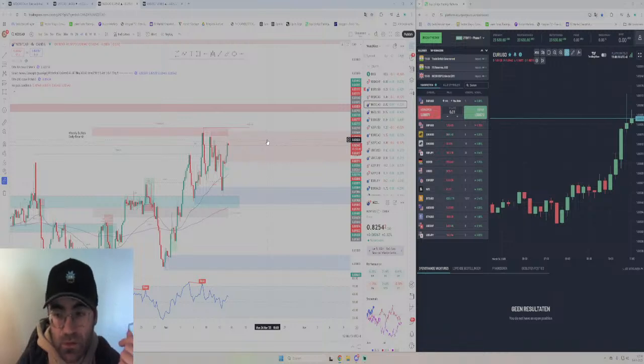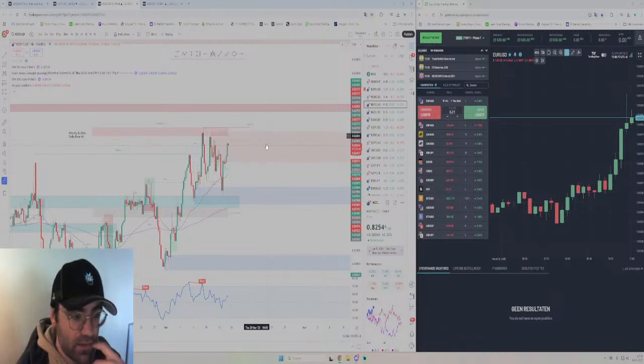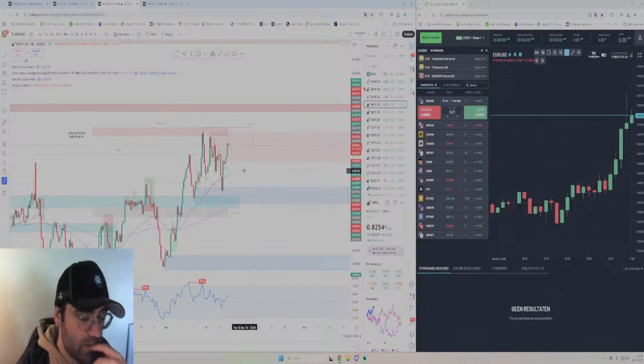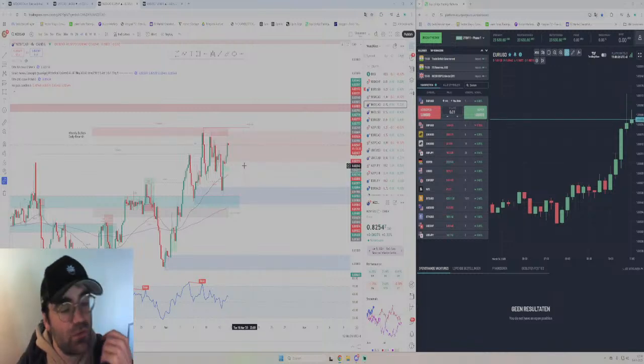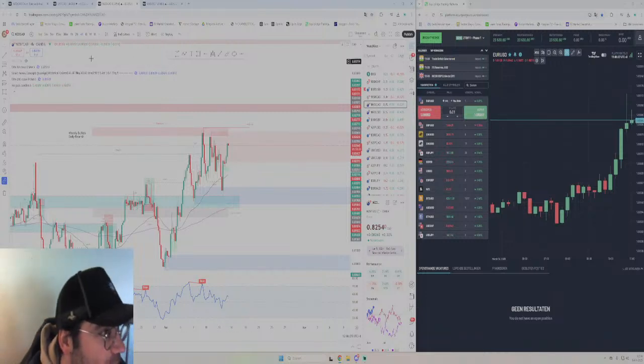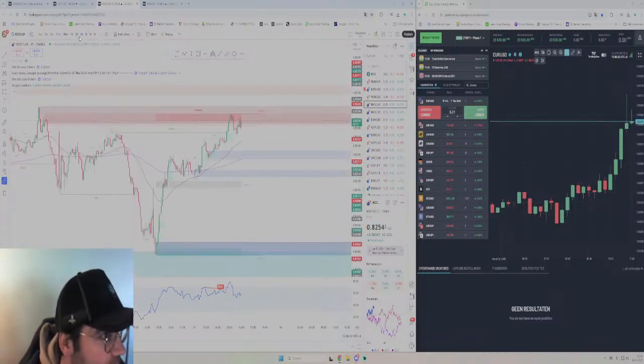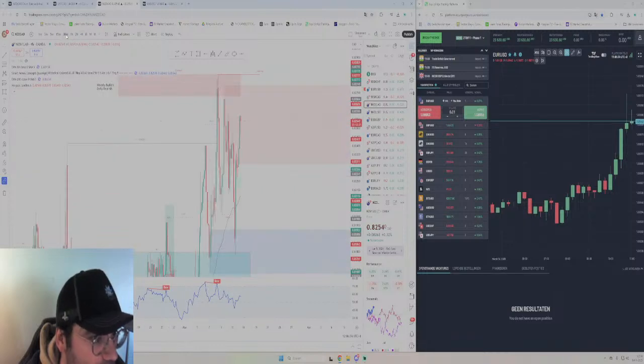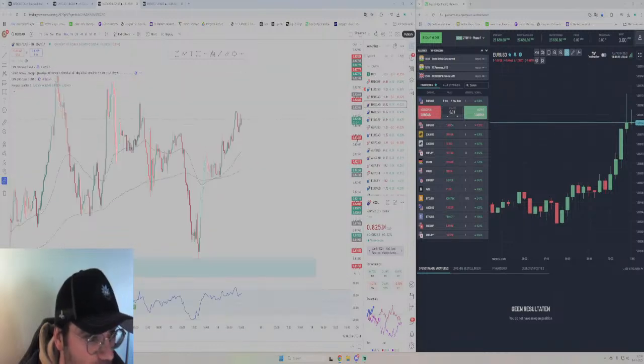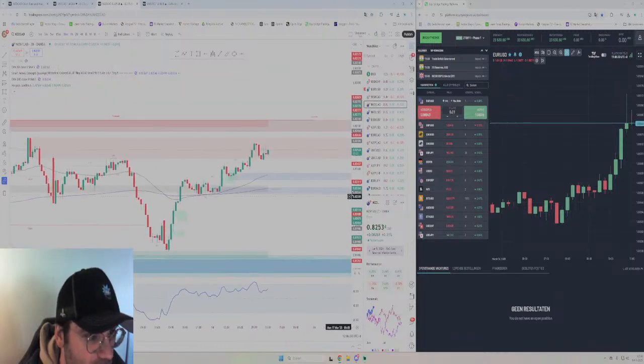So what I should be doing is only selling at these zones, areas of interest, and only buying at the demand zones. It's probably what I should be doing more. Is there something going on here? Because we're actually at a zone. I do like this. It's a rejection.